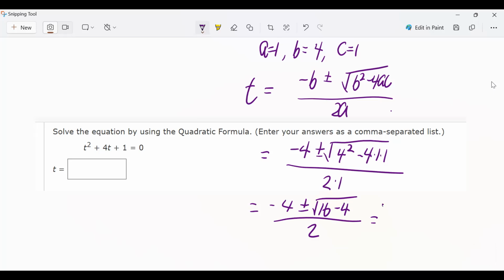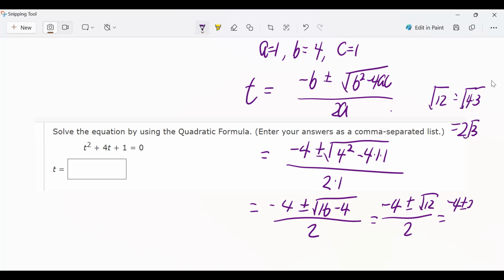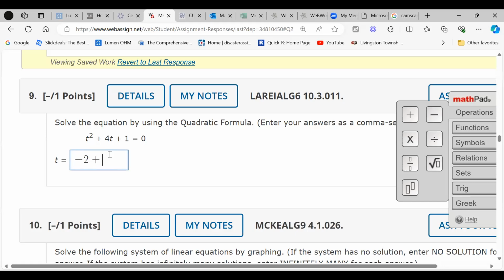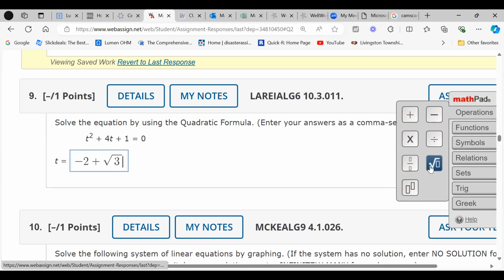Here we get a real solution: minus 4 plus or minus radical 12. We simplify: radical 12 is radical 4 times 3, and radical 4 is 2, so 2 radical 3. So it's minus 4 plus or minus 2 radical 3 over 2. Once you simplify, you get minus 2 plus or minus radical 3. That should be the answer: minus 2 plus radical 3 and minus 2 minus radical 3.